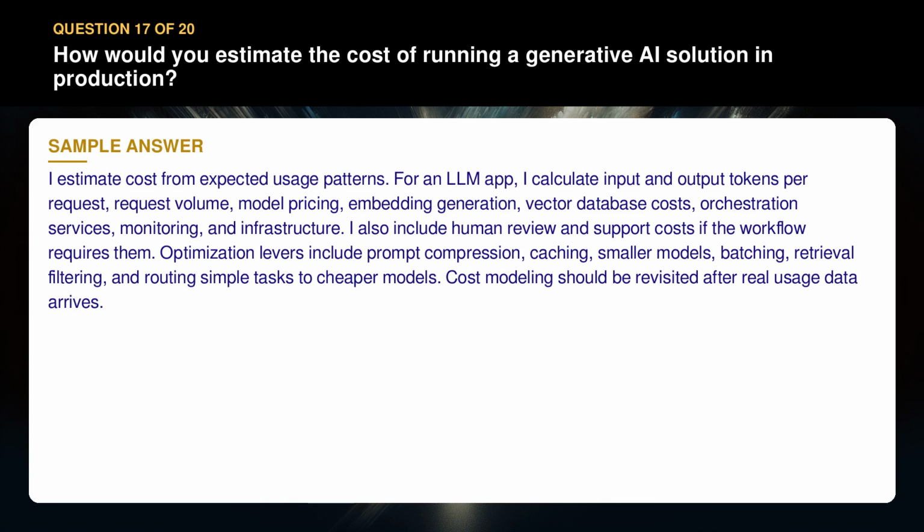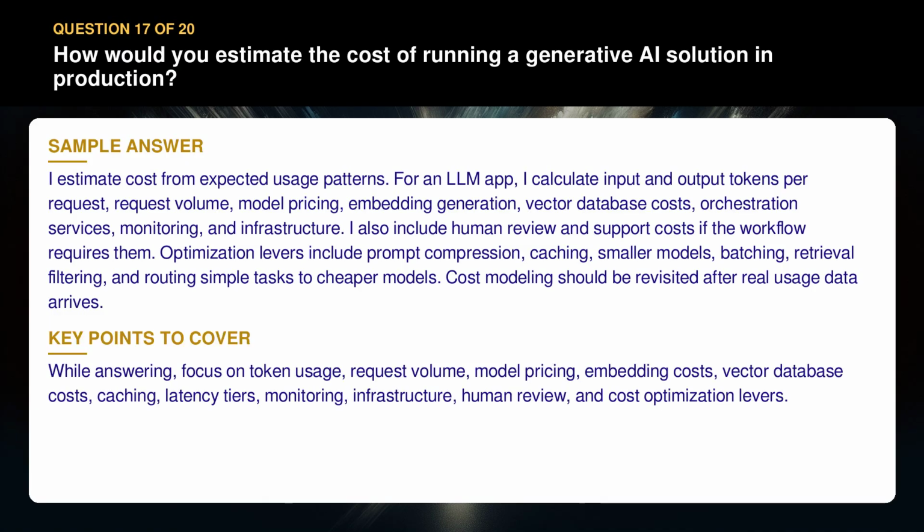Cost modeling should be revisited after real usage data arrives. While answering, focus on token usage, request value, model pricing, embedding costs, vector database costs, caching, latency tiers, monitoring, infrastructure, human review, and cost optimization levers.